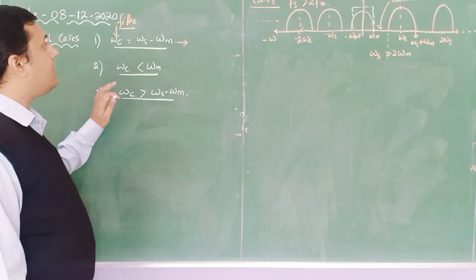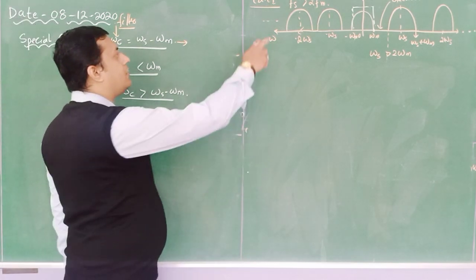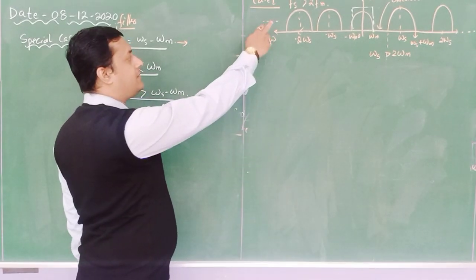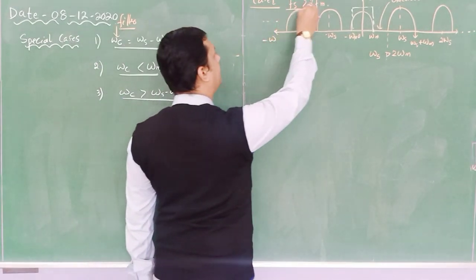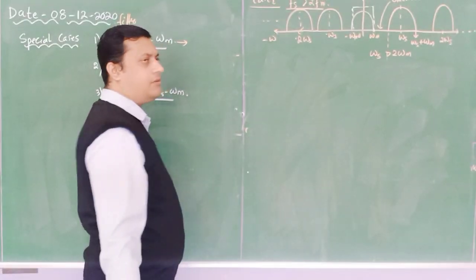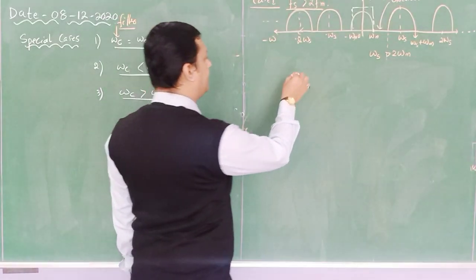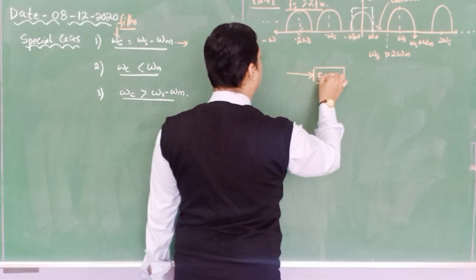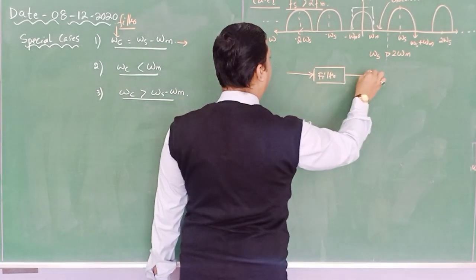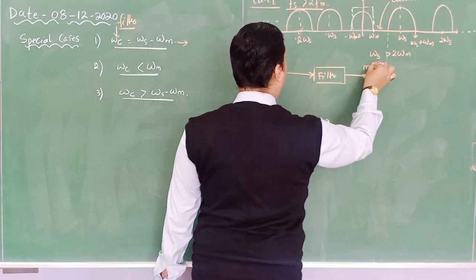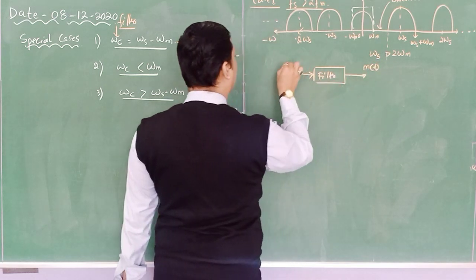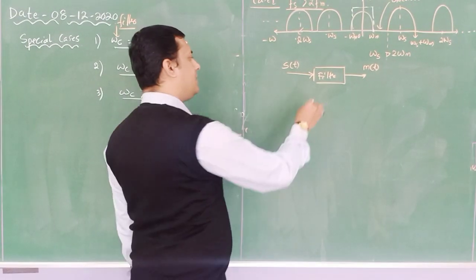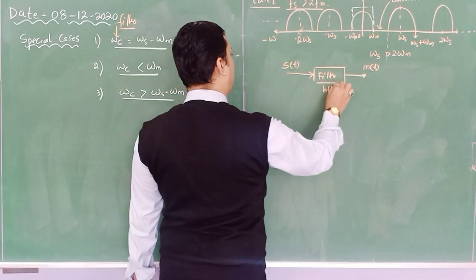Now let us consider we have done the sampling with the help of oversampling, which satisfies the criterion Fs greater than 2Fm. Now this sample is fed to the filter and we need to extract the modulating signal from the received sample signal, in which the filter response is h of t.